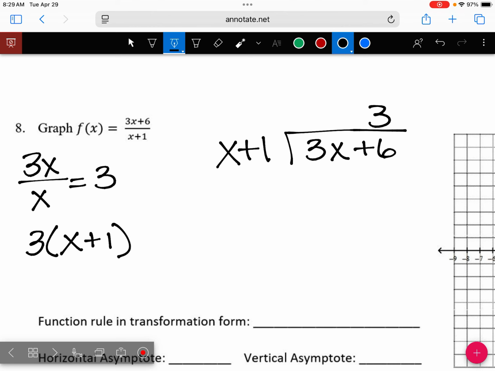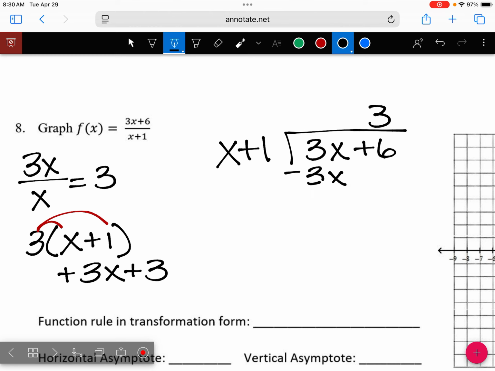3 times x plus 1, when you distribute the 3, that gives you 3x plus 3. And what do you have to do before you slide it over? Because right now, both of these are positive. So before I slide it over, what am I going to do with both of the signs? Change them both. Yep.